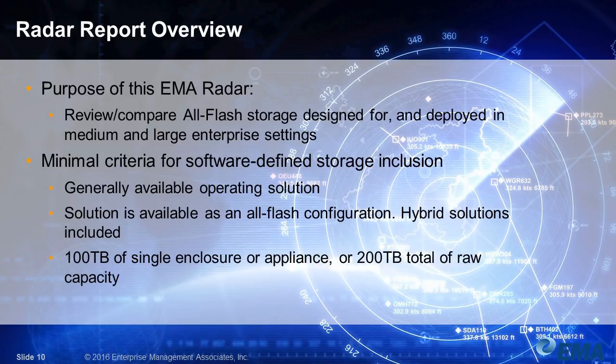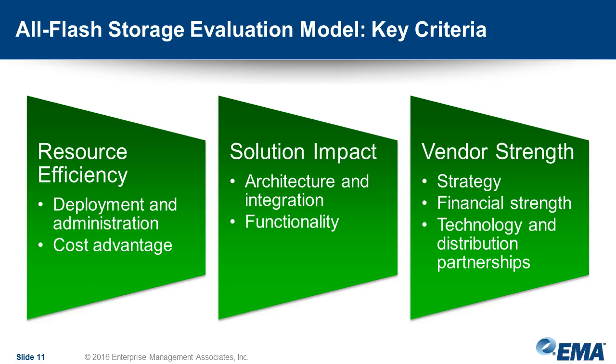And then, in order to meet those consolidation benefits, it had to have a raw single enclosure capacity of at least 100 terabytes of raw capacity, that is raw and without any data reduction, or 200 terabytes in a clustered or multiple enclosure environment.